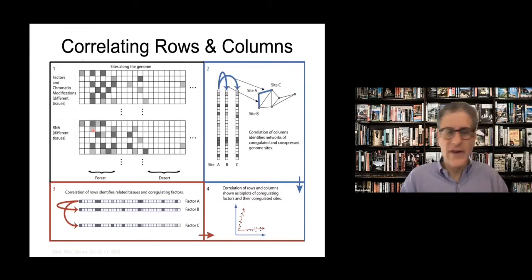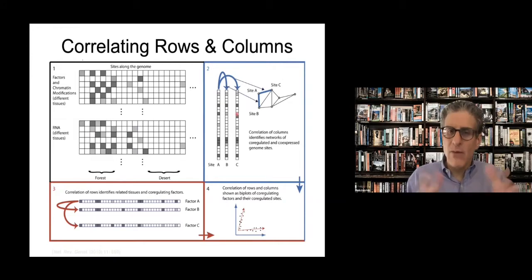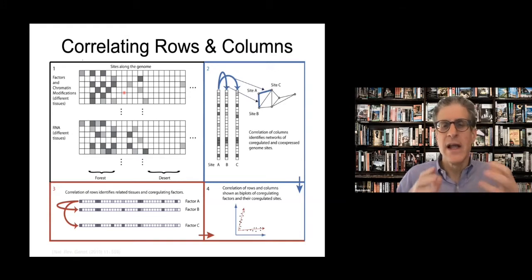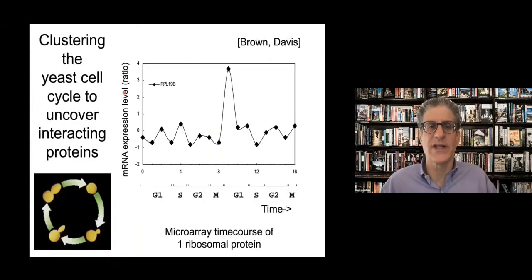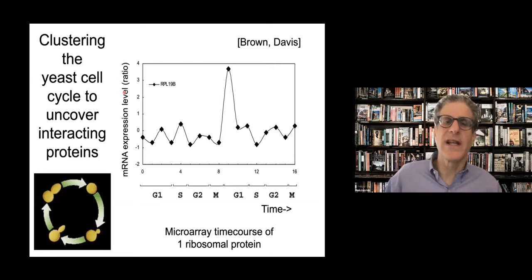Are they going on and off at different times together? And again, you can make a big network of genes. Or now this, of course, could also be sites bound by different chromatin factors. You do the same thing with columns and rows. And as we'll talk about when we come to SVD, there's a nice equivalency of columns and rows in these matrices.